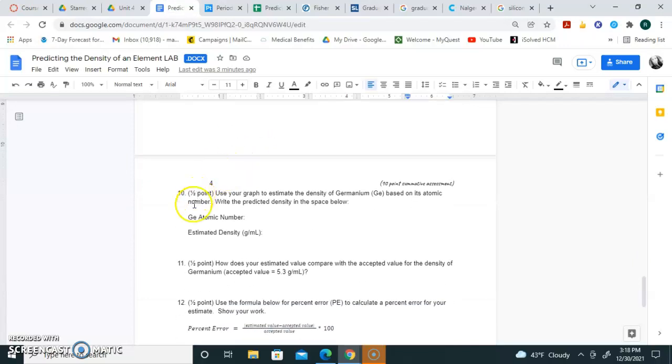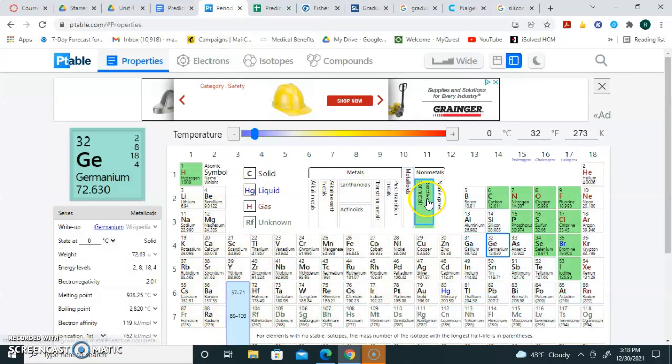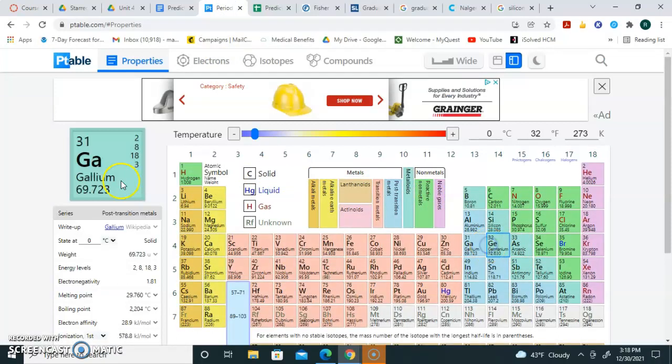In number 10 now, you're going to use your graph that you just made to estimate the density of germanium based on its atomic number. So what does that mean? Well, germanium, if you look at it right here on the periodic table, its atomic number is, let me highlight it, 32.